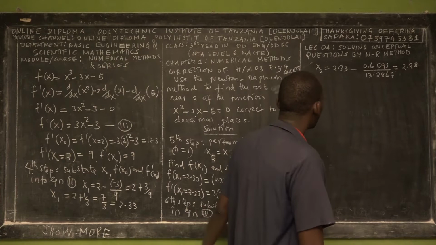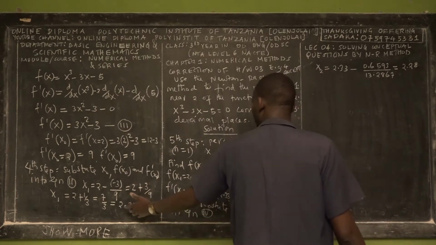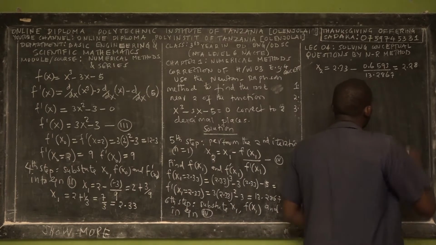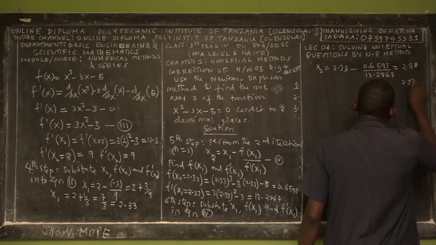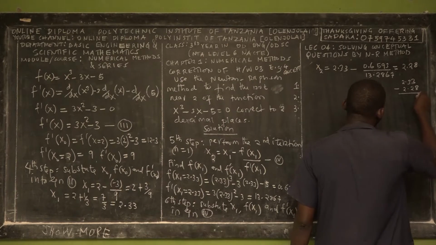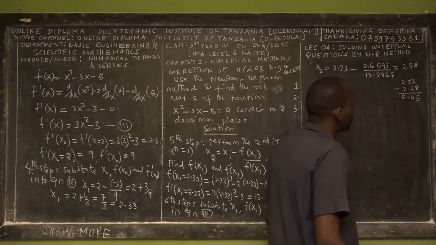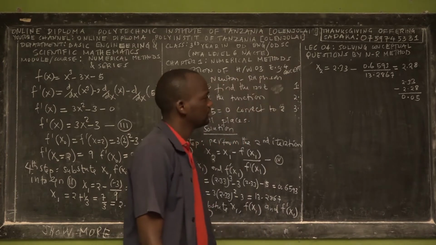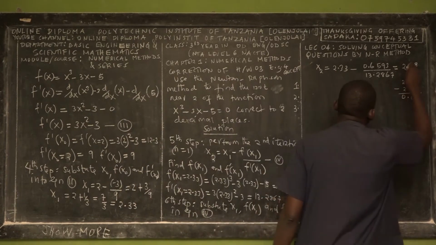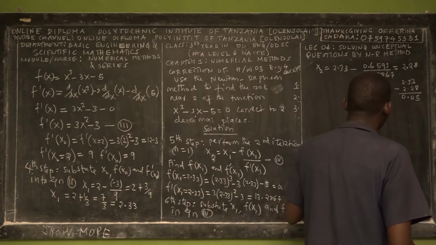No. The difference there is 0.05, because if you take 2.33 minus 2.28, 13 minus 8, we borrow 1, 13 minus 8 is 5, then we have 0. So we have a difference of 0.05. This is still a great difference, so it's not a correct estimate of the root of the given function.